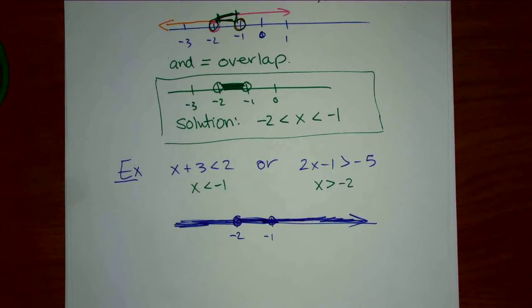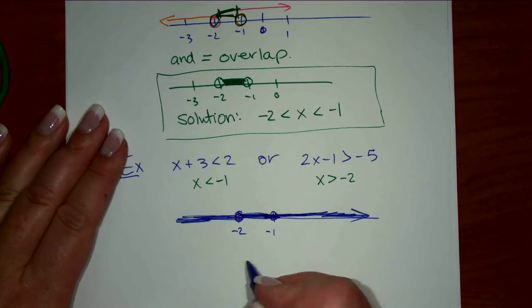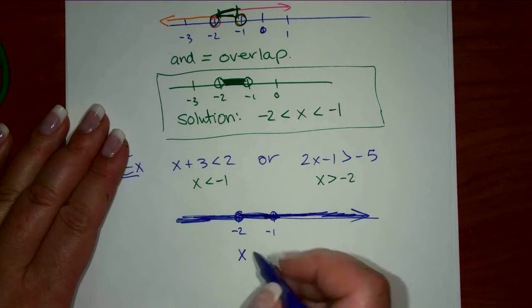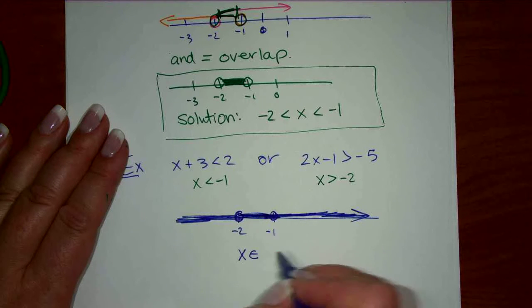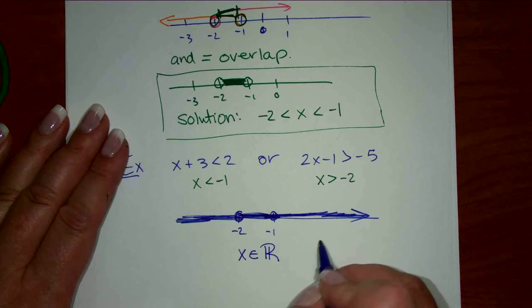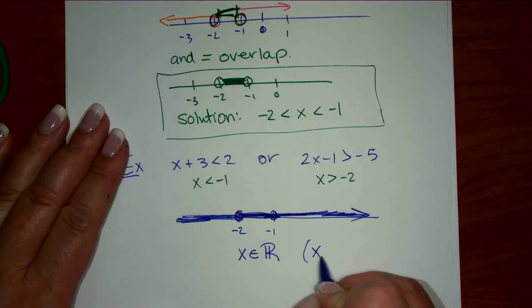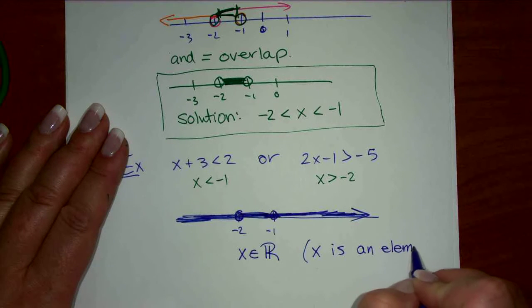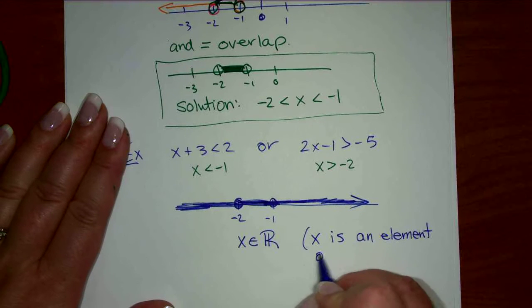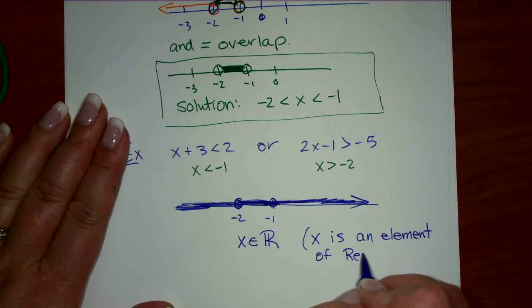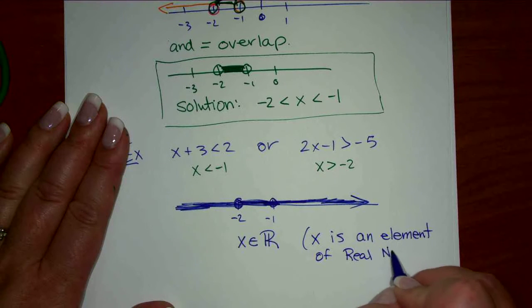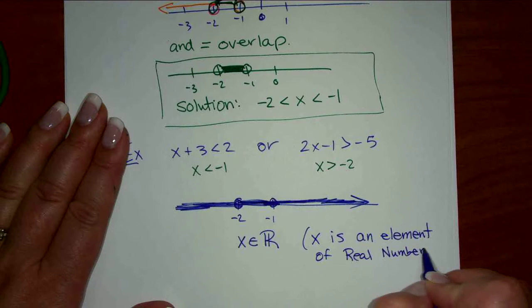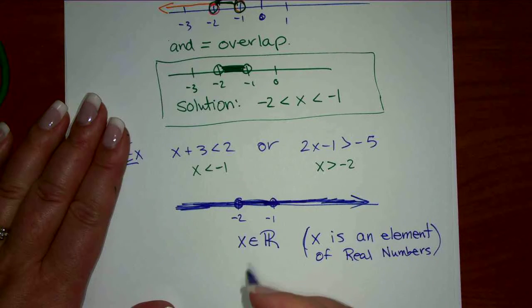Everything. So how do we say that? So we say x is an element of real numbers. Or in the other notation, it would be minus infinity to infinity.